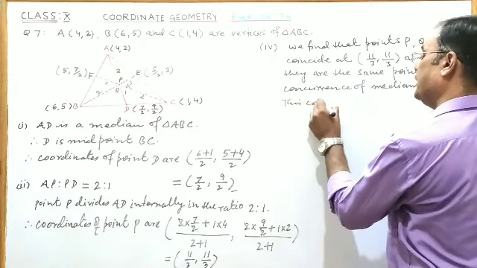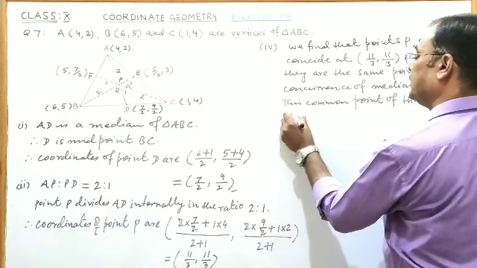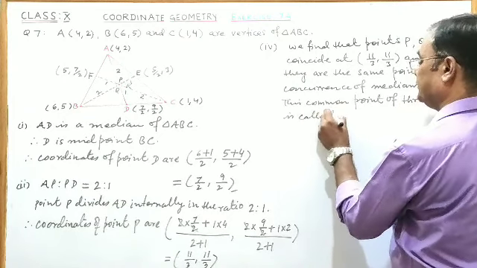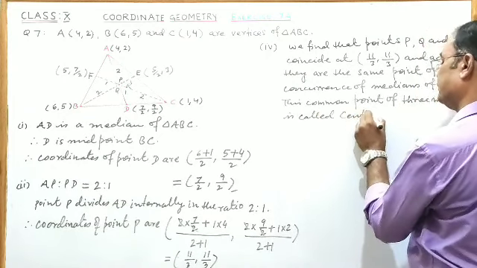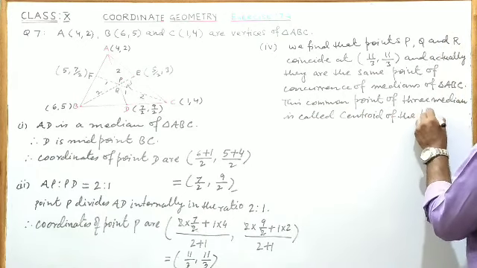This common point of three medians is called the centroid of the triangle.